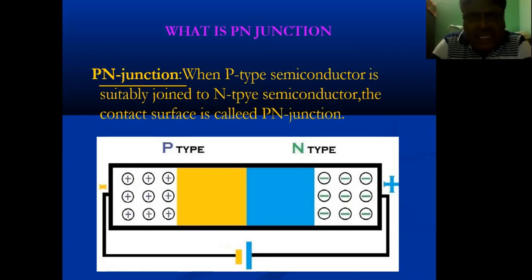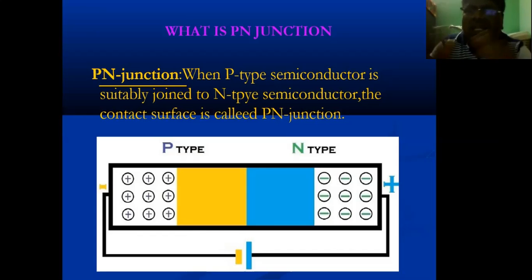A P-type semiconductor and an N-type semiconductor are joined at one point. That point is called the PN junction. When P-type and N-type materials are joined at one place, it is called the PN junction.